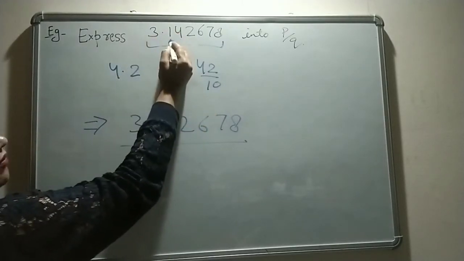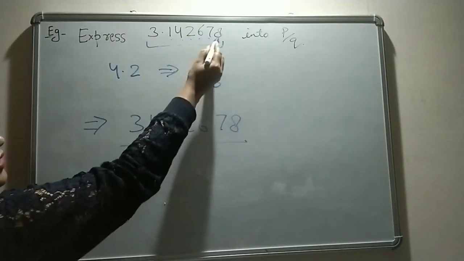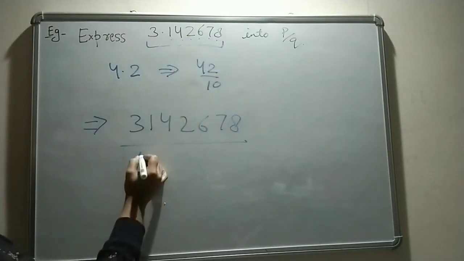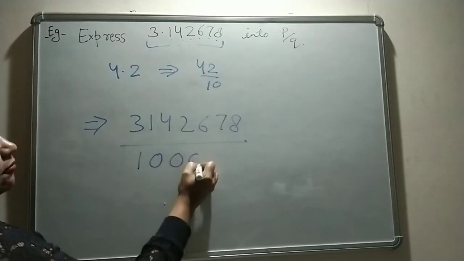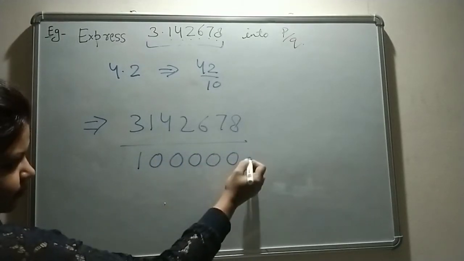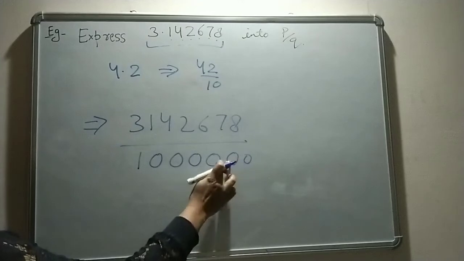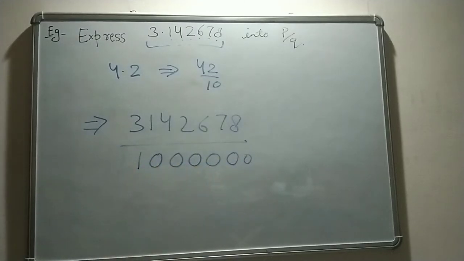How many digits do we have? 1, 2, 3, 4, 5, 6. Six digits, so we divide by 1 followed by six zeros. This would be our answer.